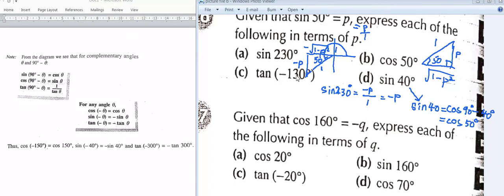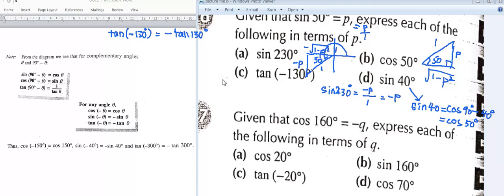Okay, now what about this one? Let's apply this principle here. Tangent of minus 180 degrees. If you look at this formula here, it's actually equal to minus tangent 130.